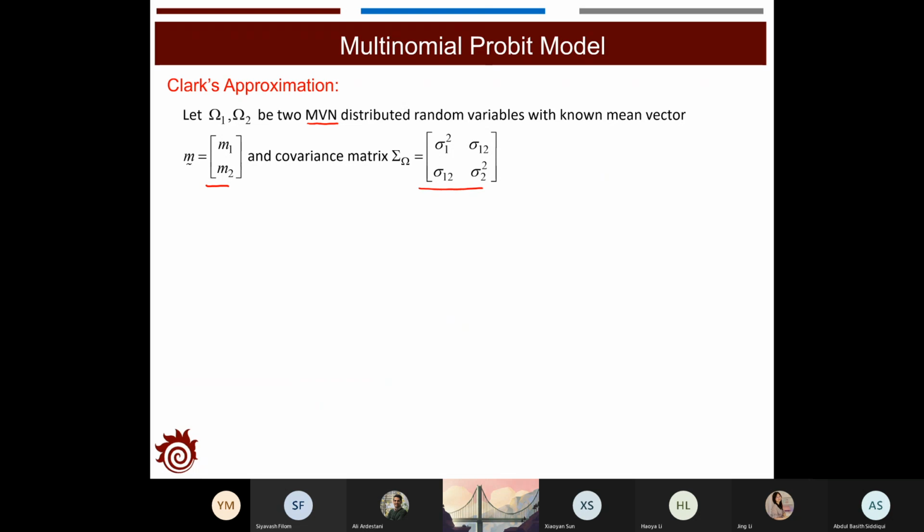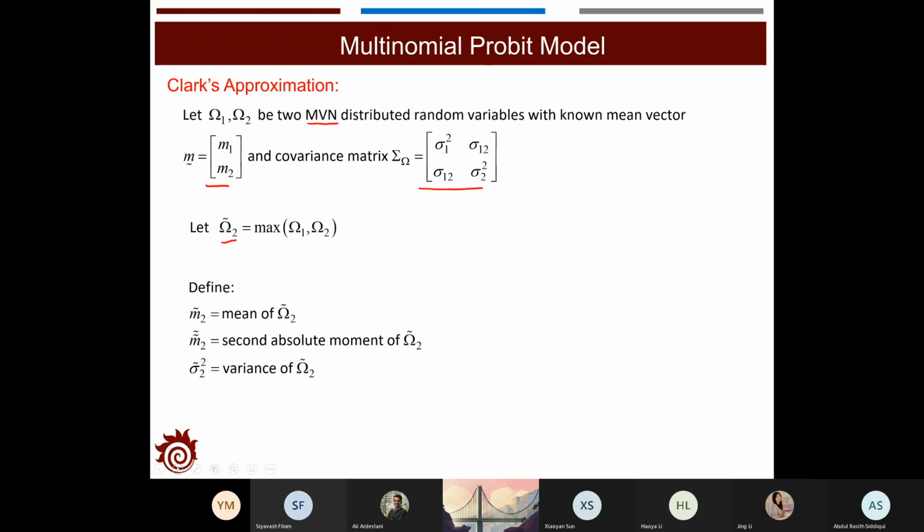Then we can find the maximum of these 2 variables. The maximum of omega 1 and omega 2, I say, is omega 2 tilde. If omega 2 tilde is the maximum of these 2 variables, then it is also normally distributed.